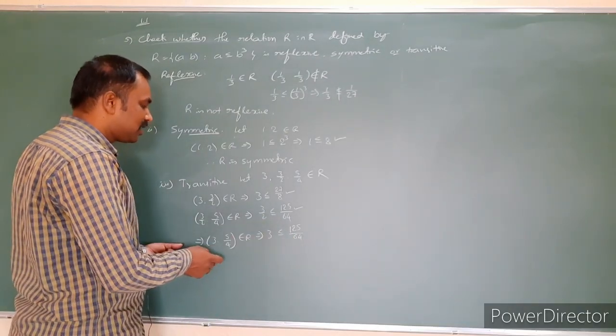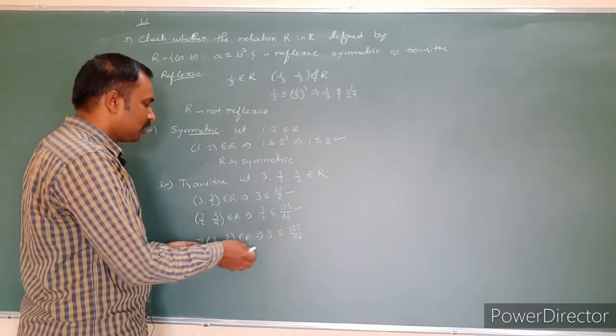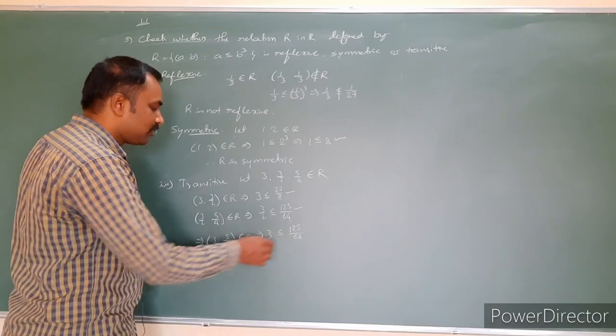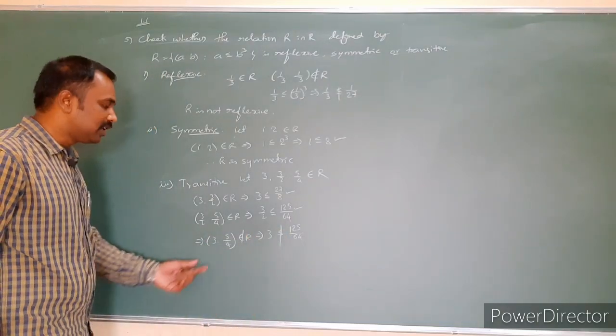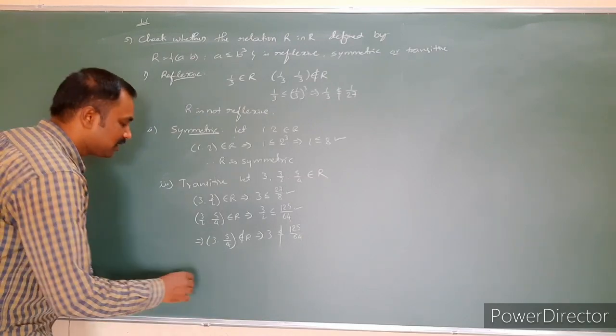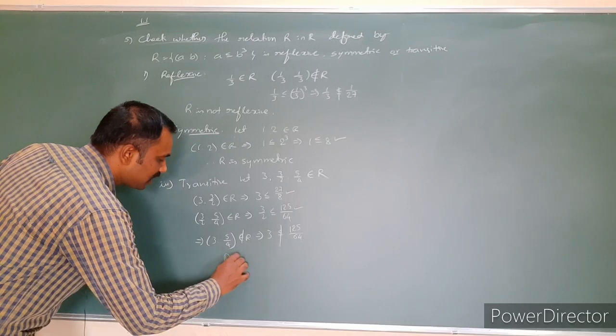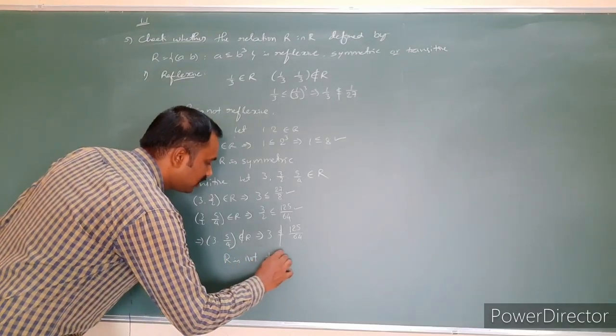Obviously, it is approximately less than 3, which is not true. Which is not true means this ordered pair (3, 5 by 4) is not present in the relation R. So is relation R transitive or not transitive? It is not transitive.